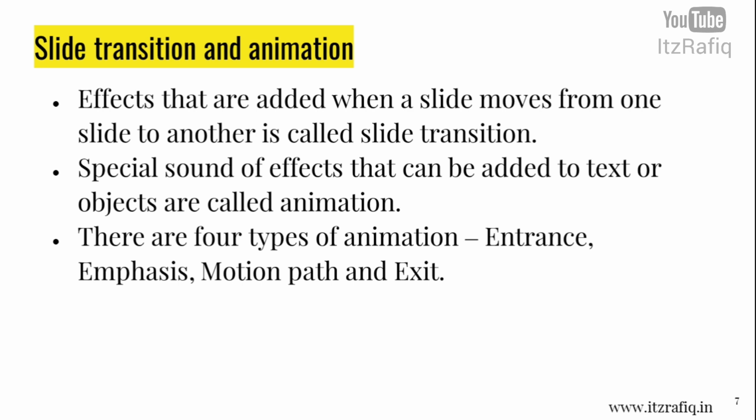Emphasis means when the text or object is already in the presentation, what type of animation they will show. Motion path, here we can draw a path, and the animation will follow that path. And exit means how the text or object will exit from the slide.